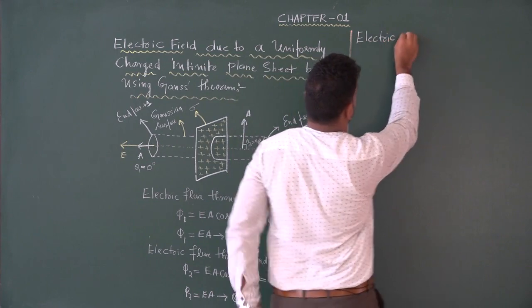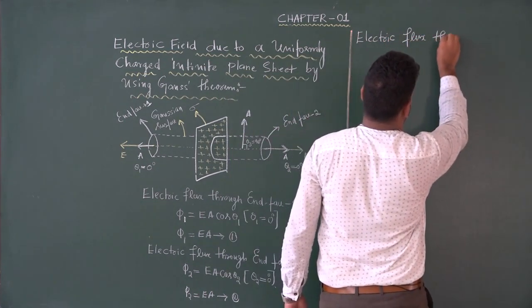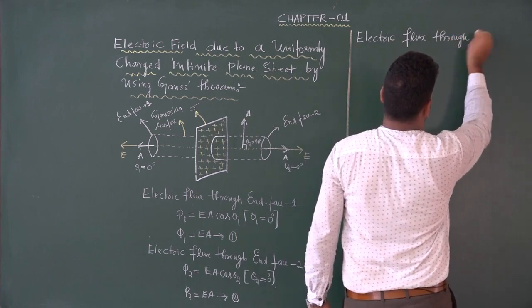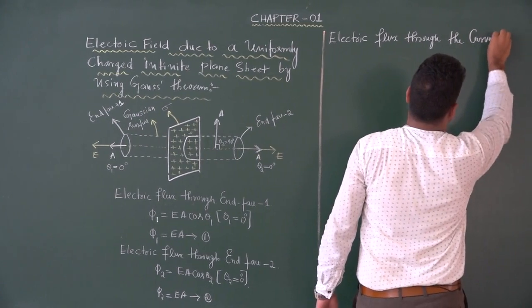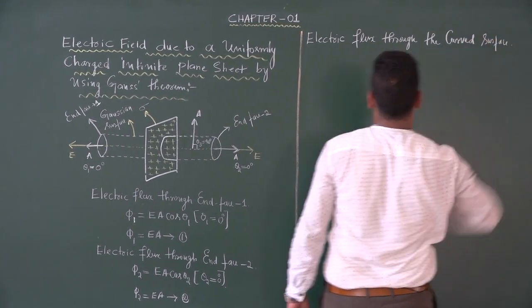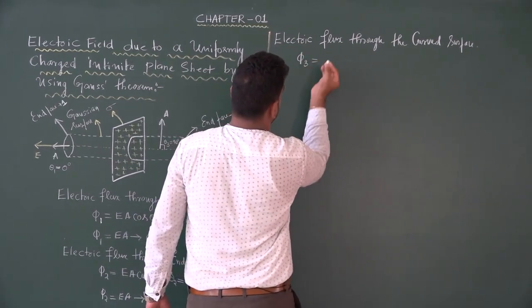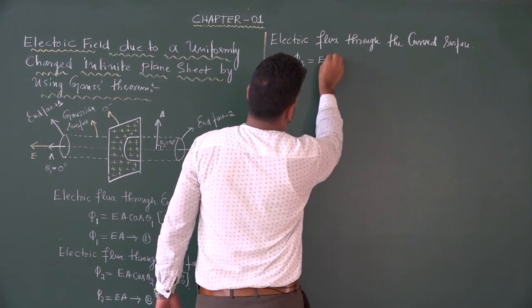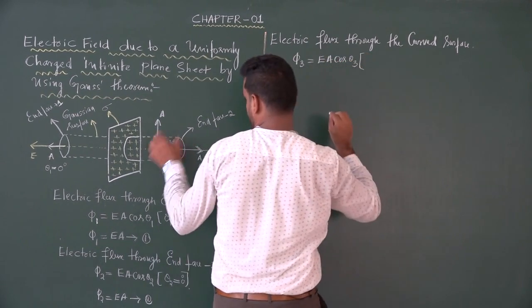Electric flux through the curved surface. For that we can give phi 3 is equal to EA cos theta 3, since we have taken theta 3.